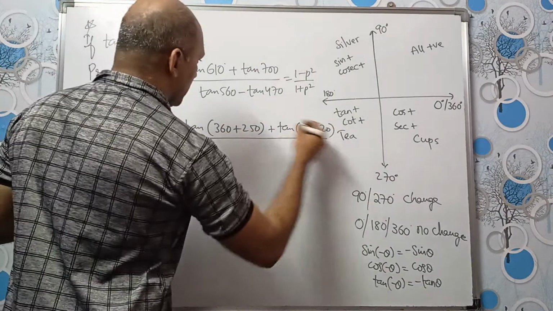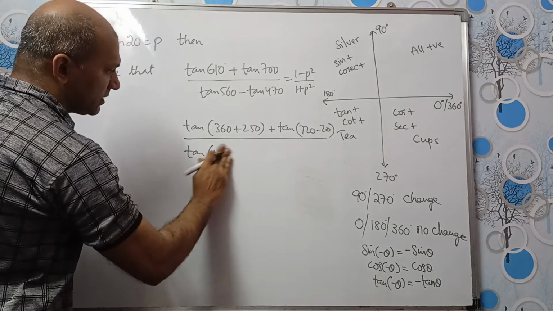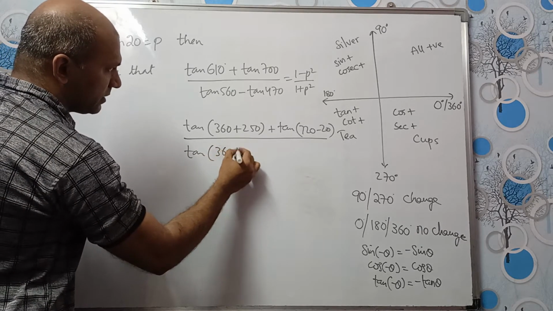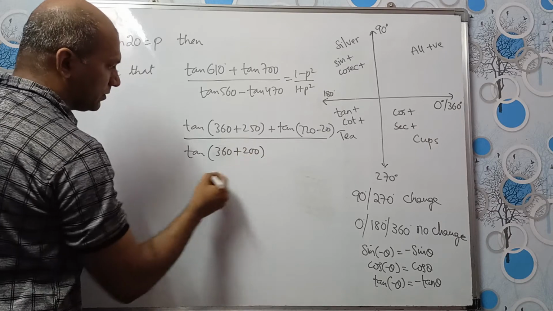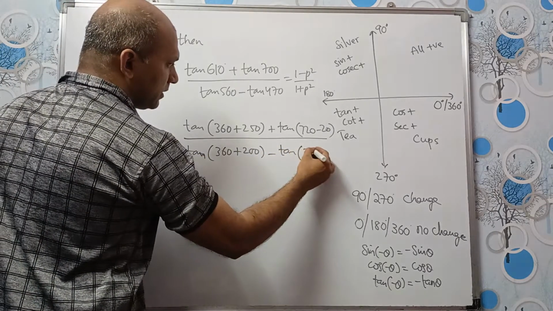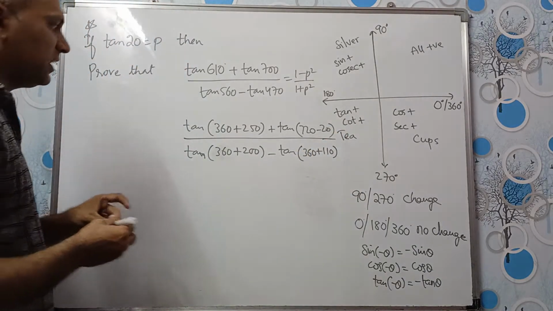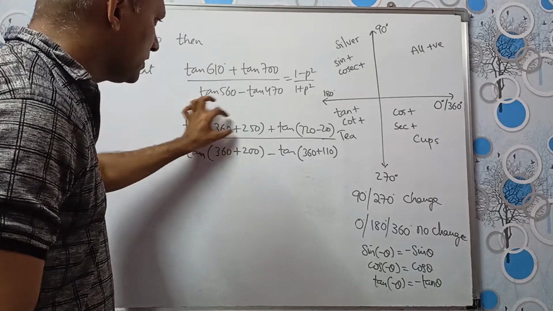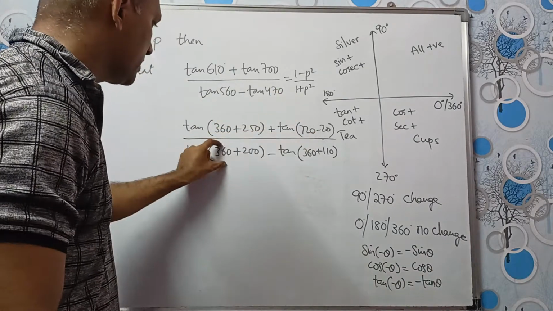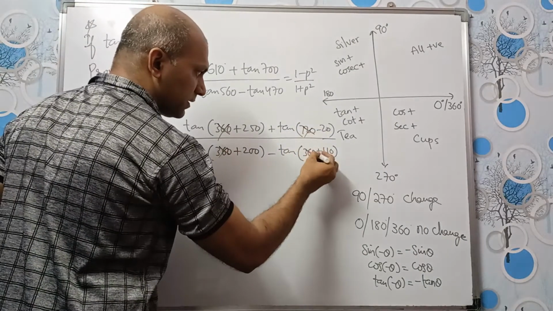Okay, divided by 560. Tan 560 we can write it as 360 plus 200. Okay, and minus tan 360 plus 110. I hope this is clear. We wrote everything as 360 and here 2 into 360, 360 and 360, to cancel this out.